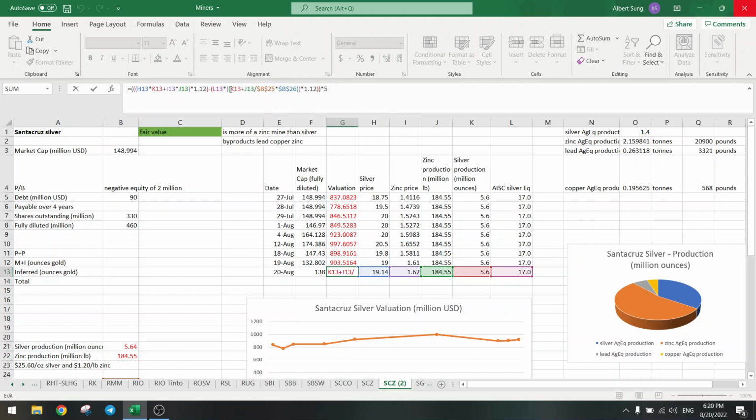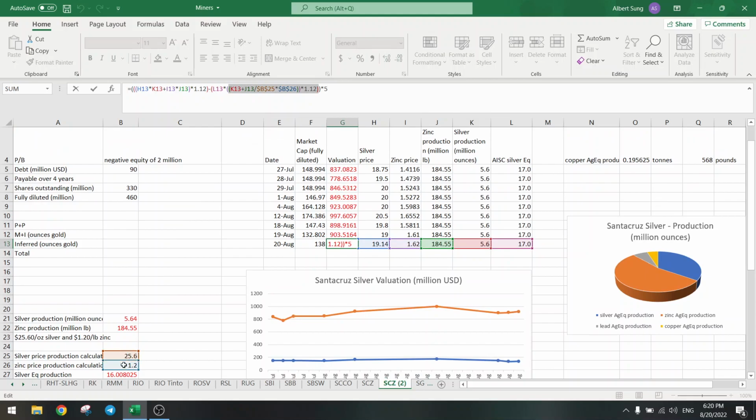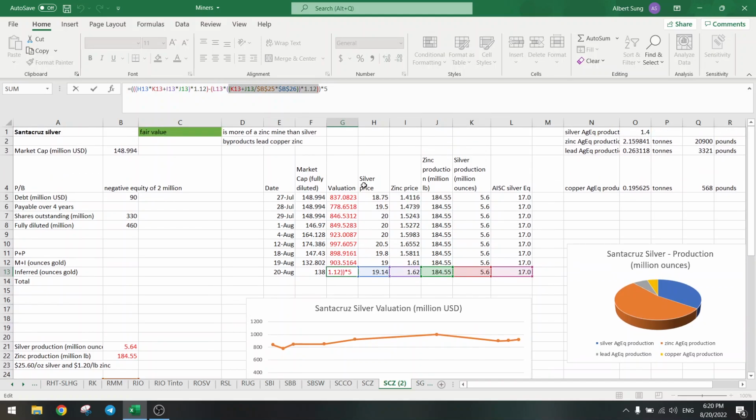And this is the production, K13, that's the silver production, plus the zinc production, which is J13, divided by the 25 times the 26 row. And that will give us the production, right?